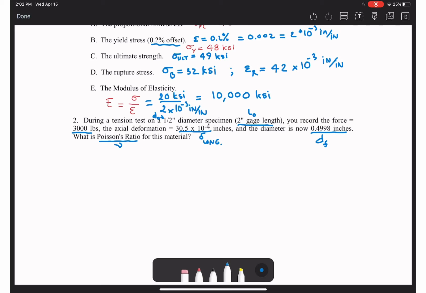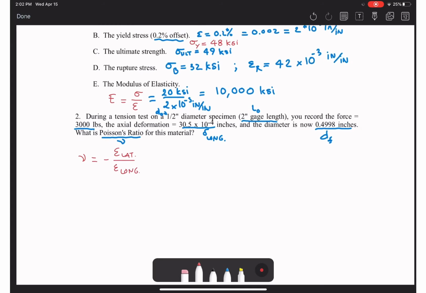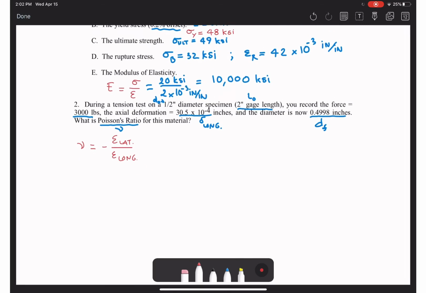So if you remember, nu is equal to negative epsilon lateral divided by epsilon longitudinal direction. So normal strain in lateral, in this case the diameter of the specimen, and the longitudinal is along the length of the specimen. So from that, find out each of them.